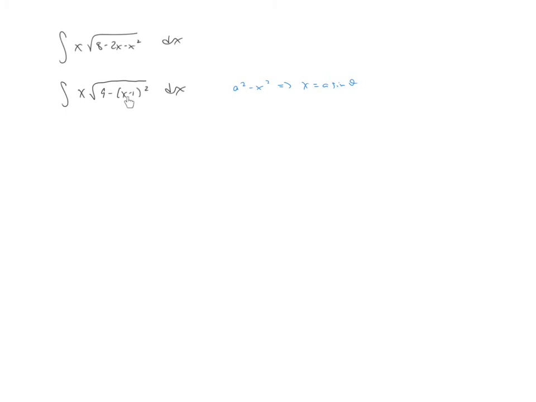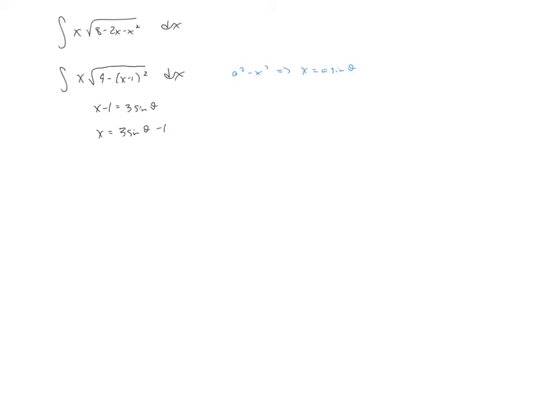In this particular case, we're going to need the x minus 1. So we're going to take an x minus 1 and let it equal a 3 sine theta. That's where the a value comes from, that 3.